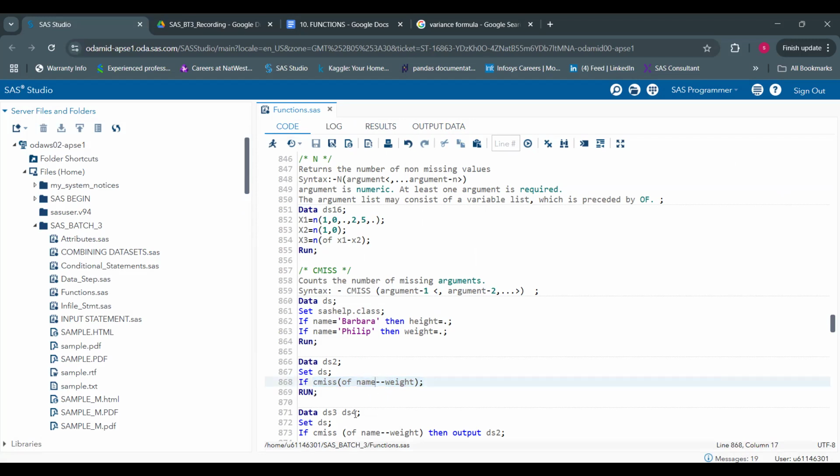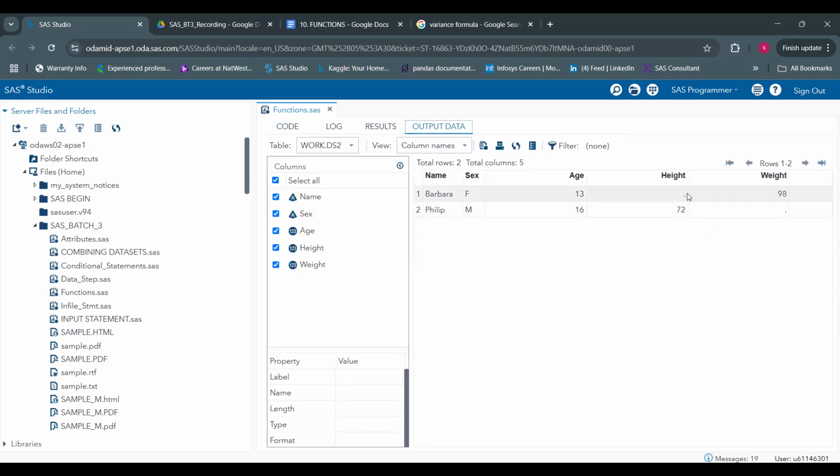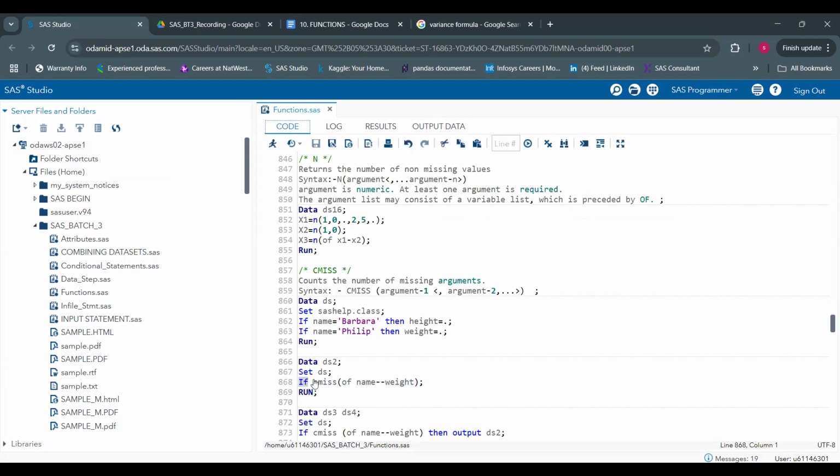So if we do an if condition, what does it mean? It filters out the missing values. In total we have two missing values. It only gives you the missing values.